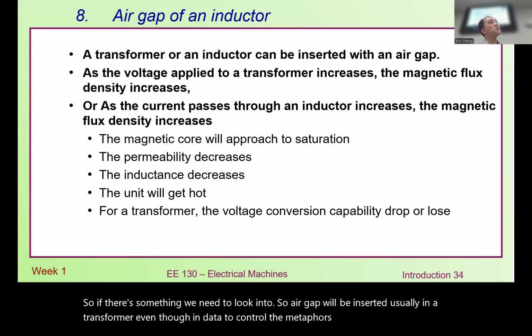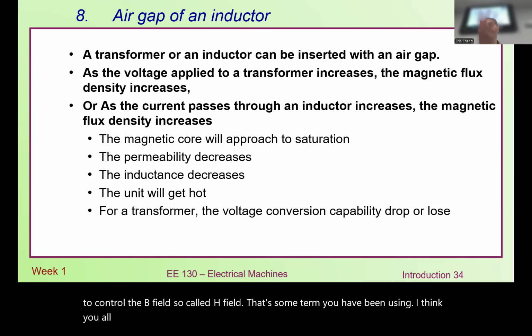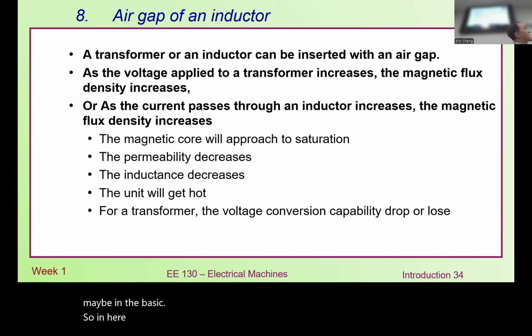We can also use it to control the B field and the so-called H field, terms we have been using. I think you all learned the BH hysteresis loop or BH curve when you studied basic electromagnetics in high school. Here we try to show that when we have an air gap, we are able to avoid magnetic saturation.